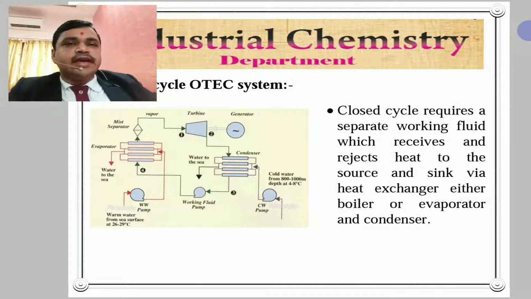In open cycle, this type of requirement is not there, so we use a heat exchanger, boiler or evaporator and condenser. So closed cycle OTEC requires a separate working fluid.